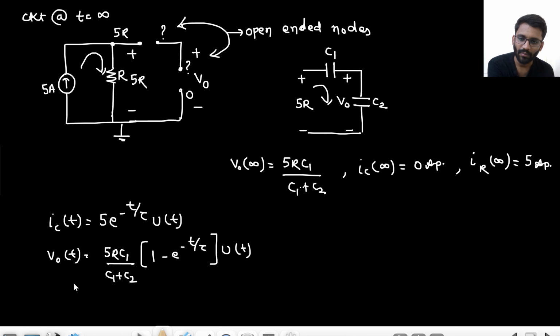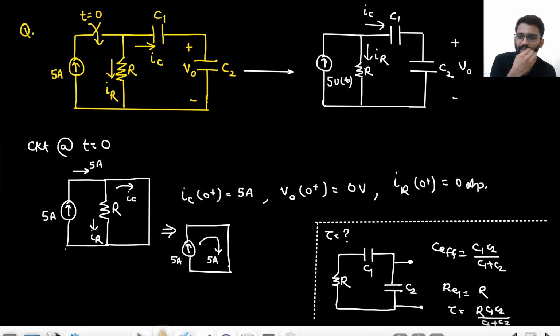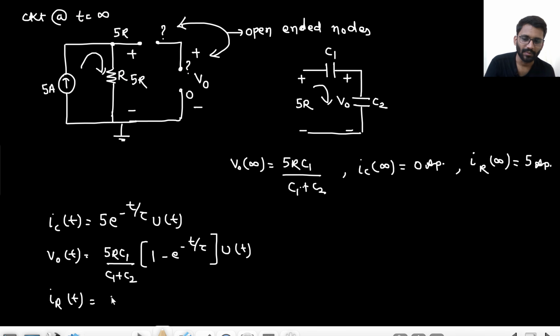What about IRt? It starts from 0 and goes up to 5 ampere. So this is ampere, this is volt, this is ampere.